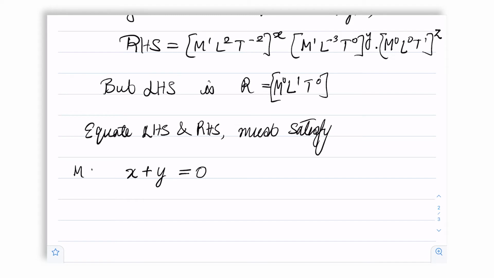This is for M. For L, it is 2x minus 3y is equal to 1.